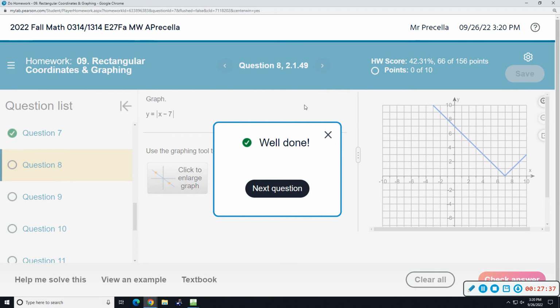So we've graphed lines, quadratics, cubics, and absolute value expressions using graphing tools. There's one other thing we're going to graph: graphs of square roots.